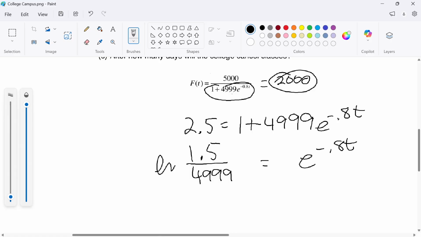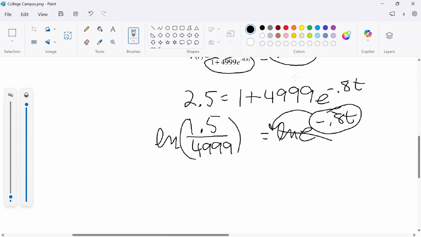I'm going to take the natural log of both sides. Natural log and e are inverse functions, so technically I'm taking this negative 0.8t and multiplying that in front. But negative 0.8t equals natural log of 1.5 over 4,999. So I divide both sides by negative 0.8, and that equals just t.